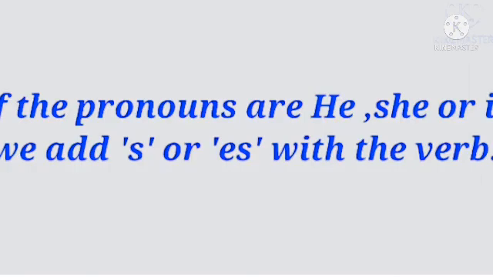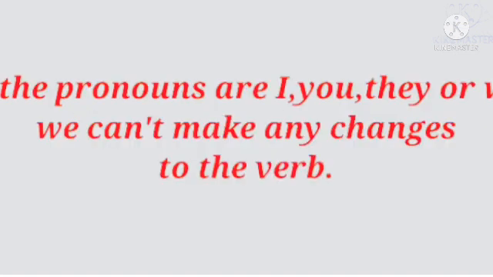If the pronouns are he, she or it, we add s or es to the verb. If the pronouns are I, you, they or we, we cannot make any changes to the verb. We can write the verb itself. The verbs remain in the original form itself.